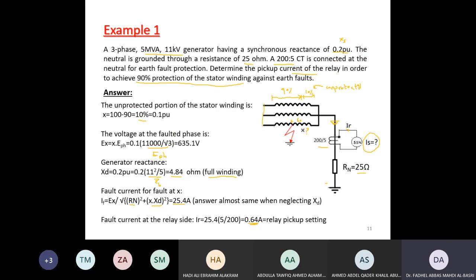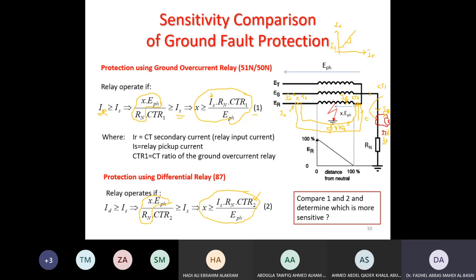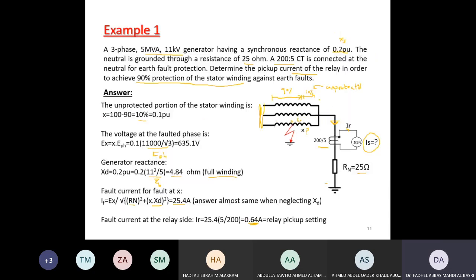If you have a three-phase fault here, I want the phase voltage divided by the reactance. I'm neglecting the resistance, as I mentioned here. That phase voltage divided by the reactance of this winding gives me the fault current.